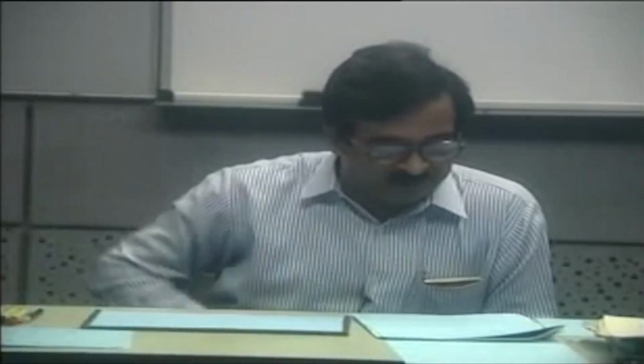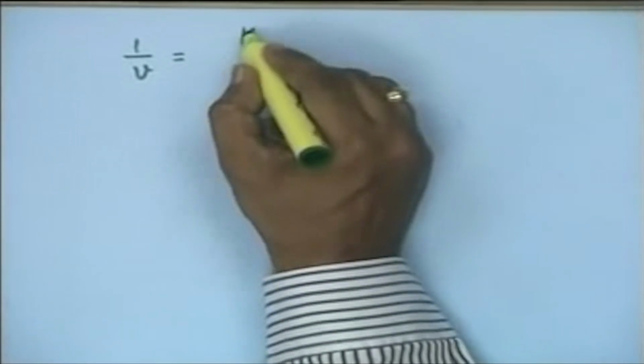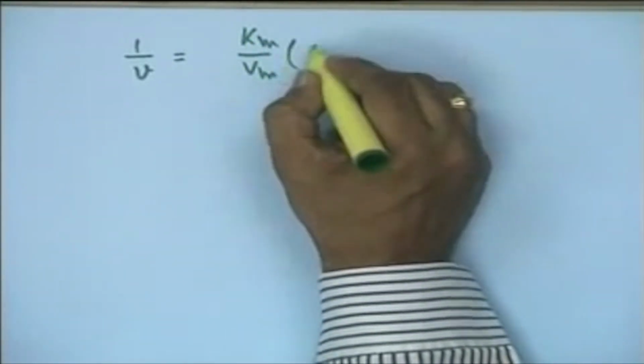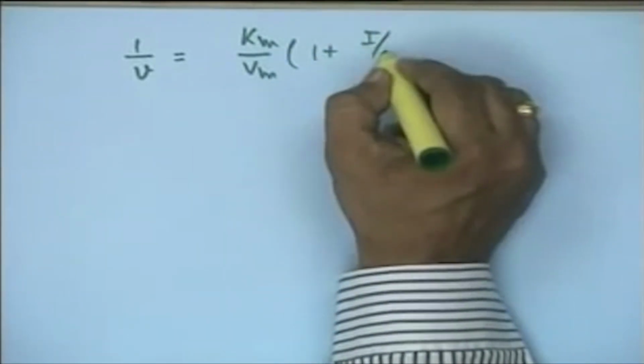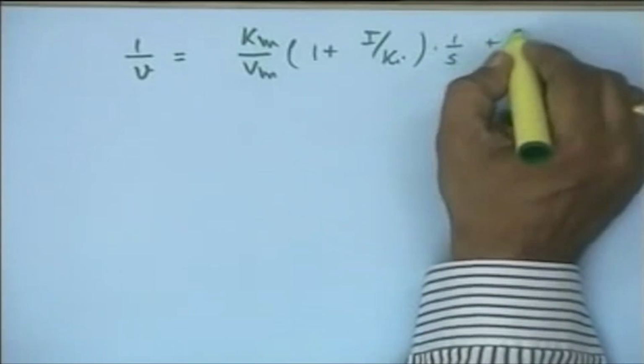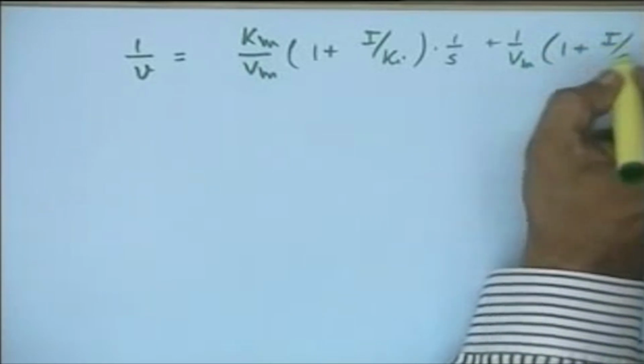The double reciprocal plot in the presence of a non-competitive inhibitor is given as 1 upon V equals Km over Vm, 1 plus I over Ki, into 1 upon S, plus 1 upon Vm, 1 plus I over Ki.